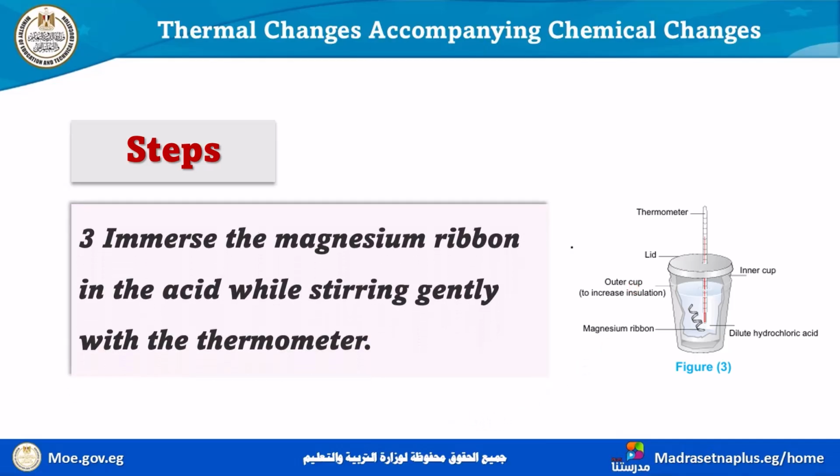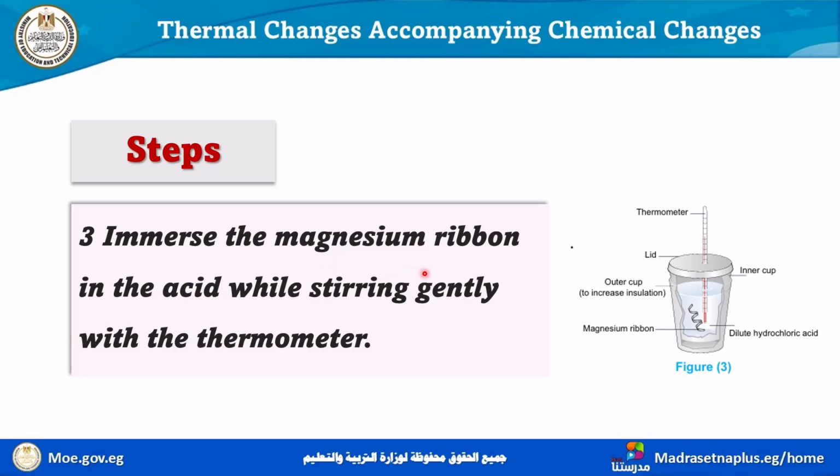Step number 3. Immerse the magnesium ribbon in the acid while stirring gently with the thermometer. This will start our chemical reaction between the magnesium ribbon and the dilute hydrochloric acid, and we are going to detect the change in the temperature of our chemical reaction.